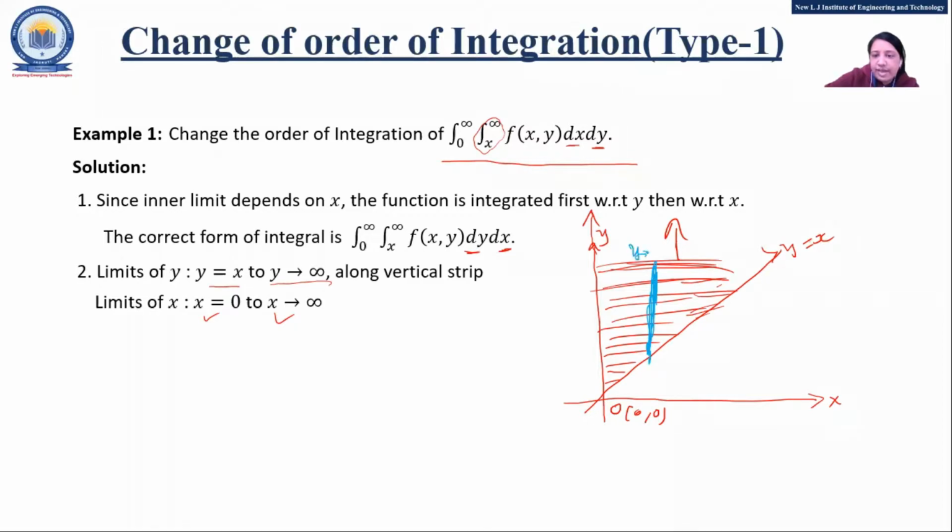That is our y tends to infinity. So this is my vertical strip AB. From the limit itself, we are supposed to draw it in this way.